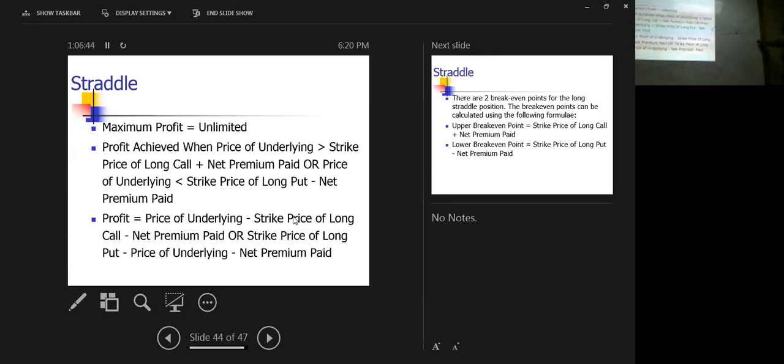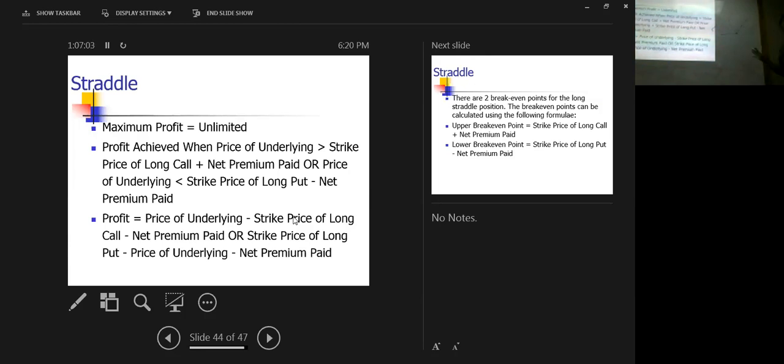So if I want to talk about one side, I'm making a profit when the price goes above this break-even point here, when the price of the underlying is greater than the strike of the long call plus the premium.